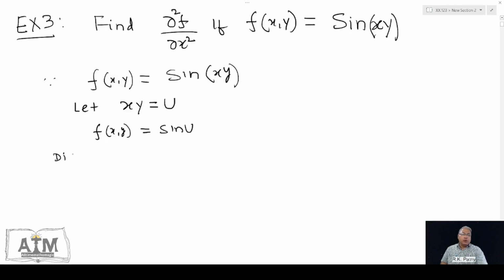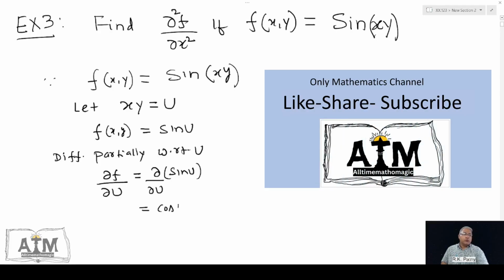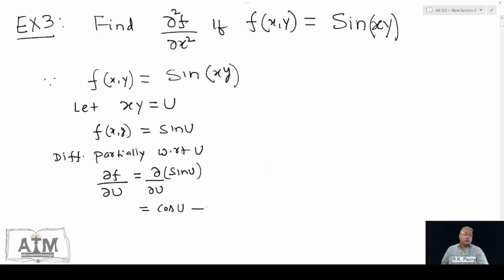Now, differentiating partially with respect to u, dou f by dou u equals partial differentiation of sine u with respect to u, which equals cos u. Call it equation number 1.